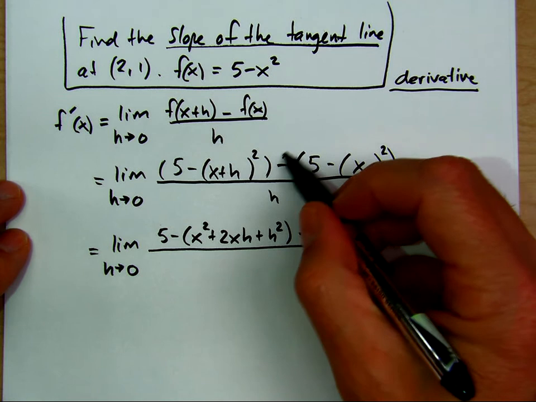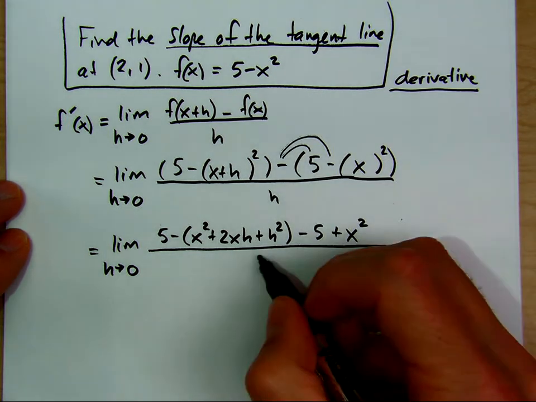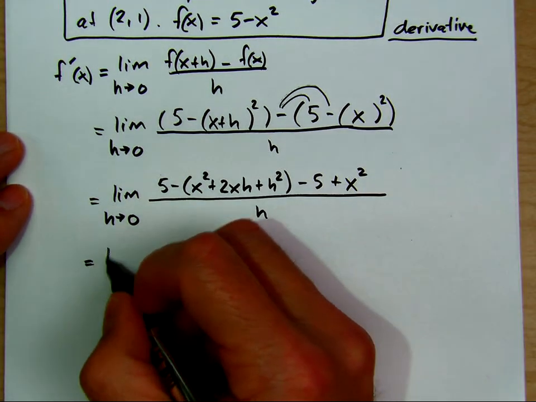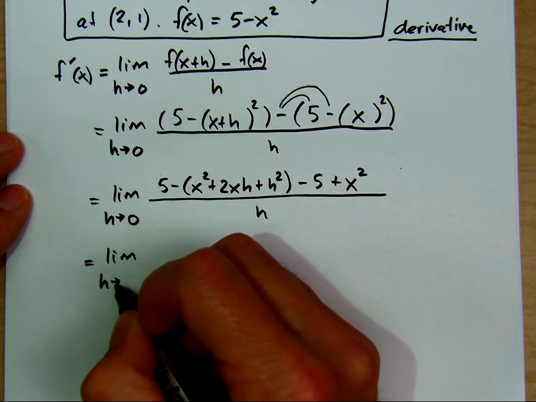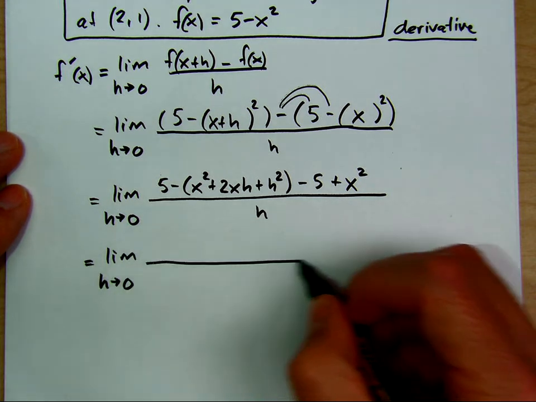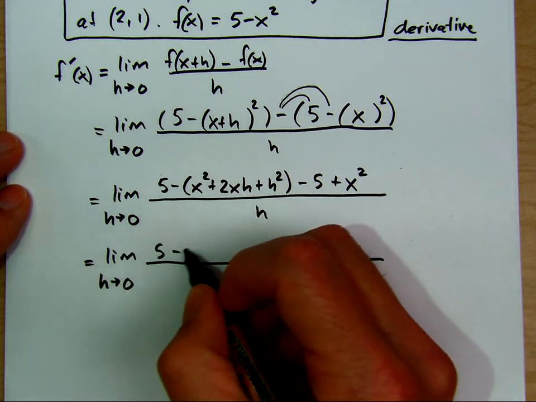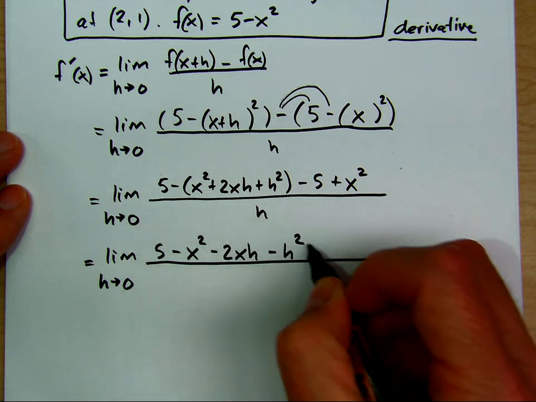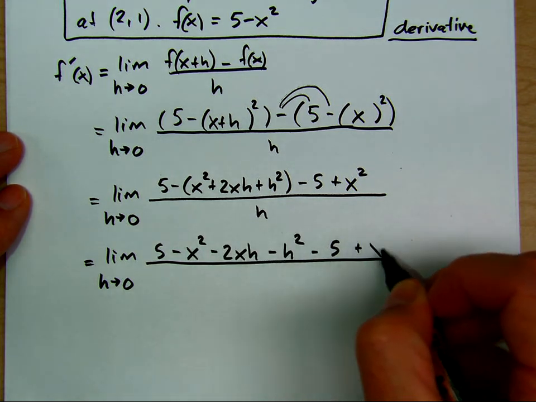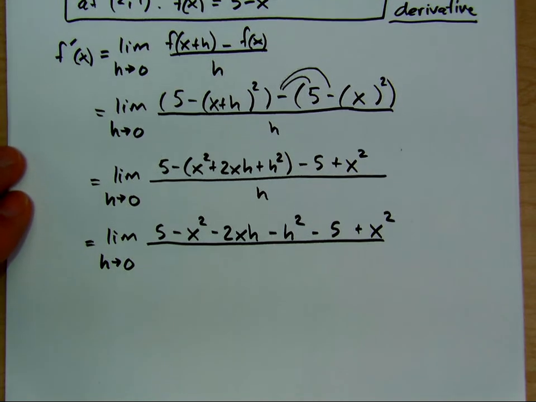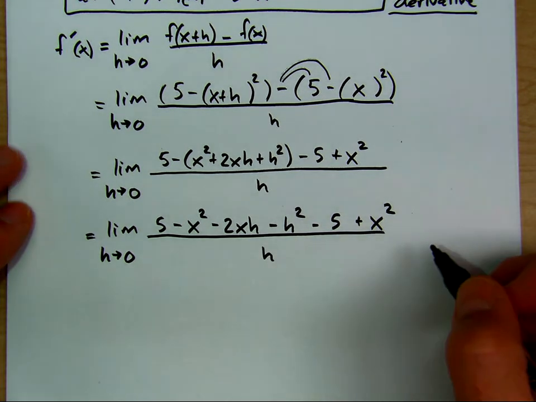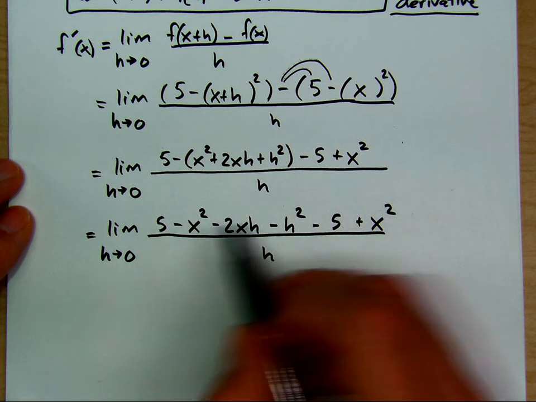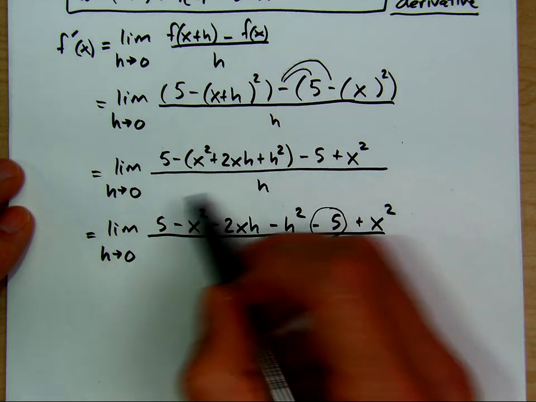Distribute the negative. And we have 5 minus 5, so that adds up to 0.